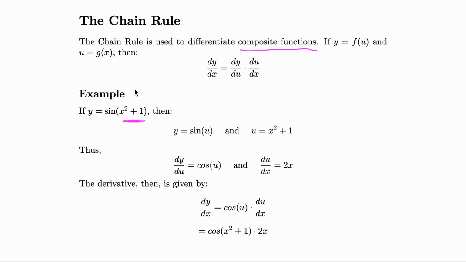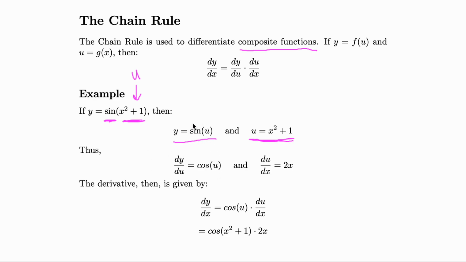So here, I'm going to identify this part, this x squared plus 1, as u, and I'm going to let that equal u. Then I'm going to identify my outer function as sine of u, because again, I'm rewriting this as u, which you'll see here. So y equals sine of u. Now I'm going to take the derivative of each of these.